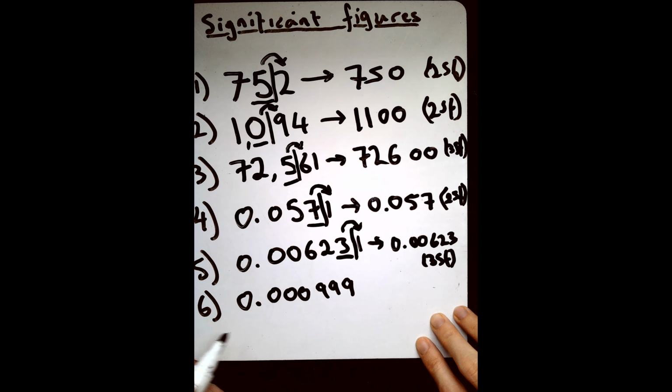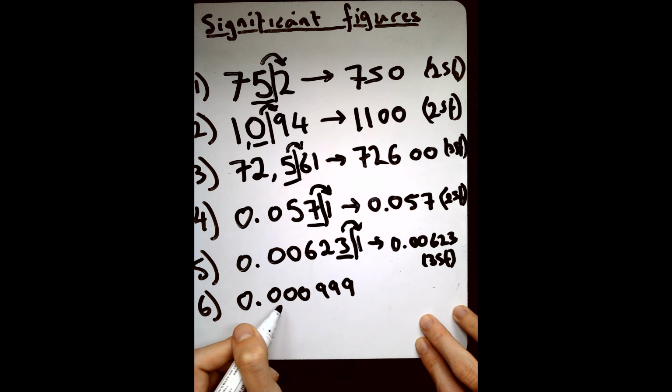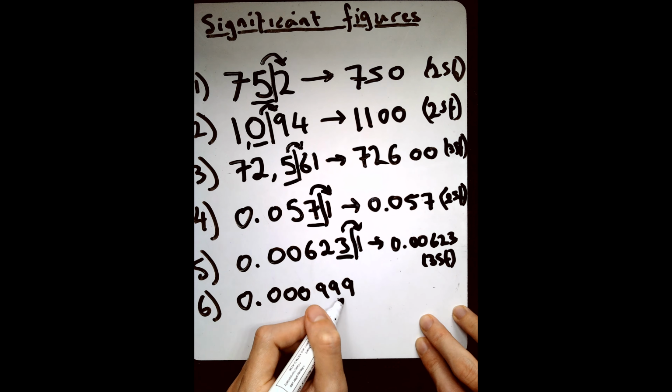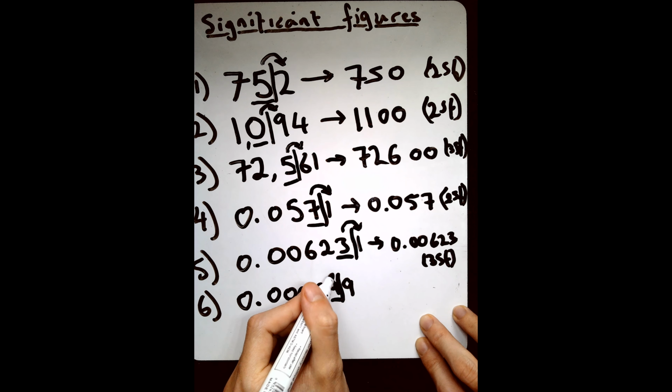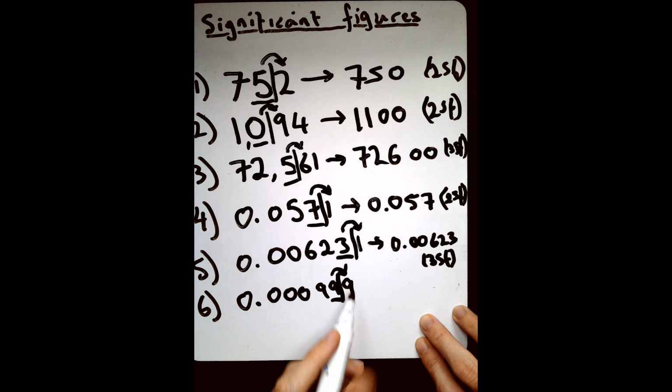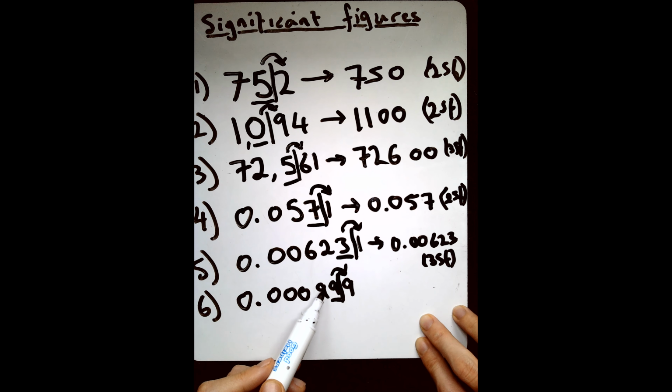And then final one, we'll do 2 significant figures. Zeros at the start don't count. 1, 2, underline it. Imaginary wall, look over, it's a 9, which means that this 9 is going to go up by 1, and we're going to carry that over because we can't have 10 in one column.